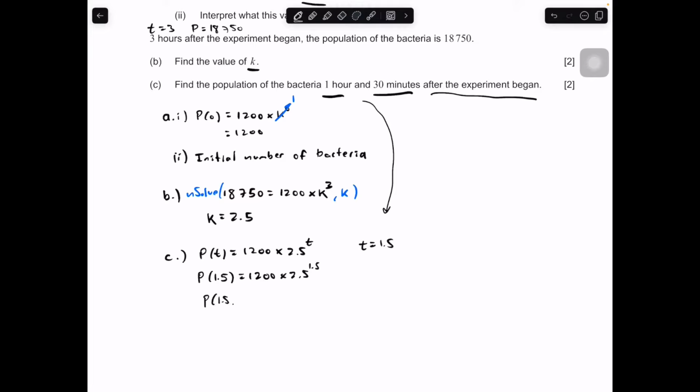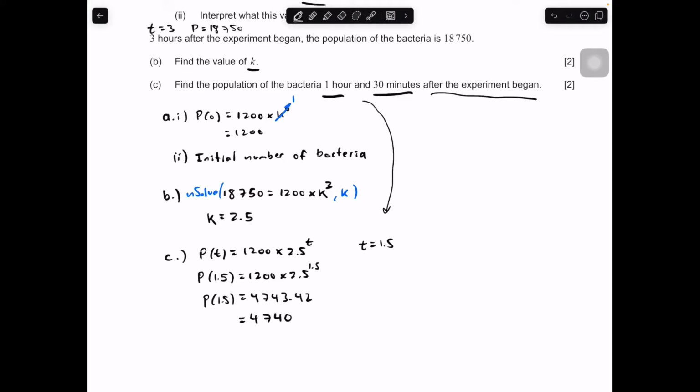P of 1.5 is equal to 4,743.42. Find the population of bacteria. In this case, to 3 sig figs, this would be 4,740 bacteria.